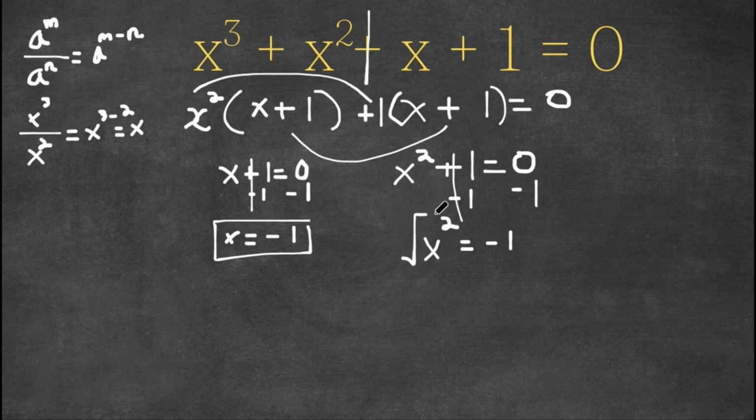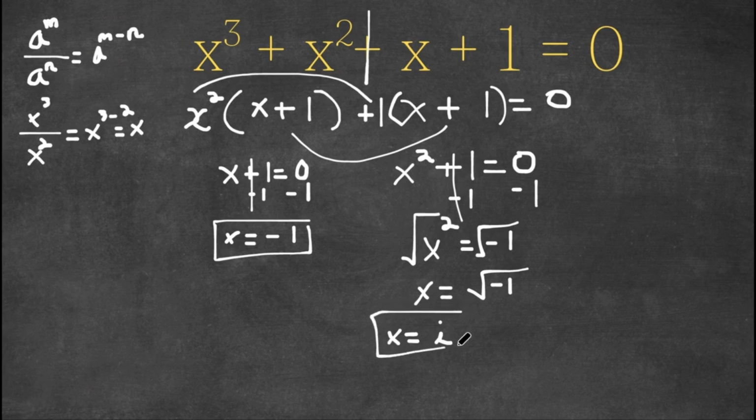Now, if we take the square root on both sides, we get x equals the square root of -1, and the square root of -1 is actually equal to i. So i is also a solution. So our two solutions are x equals -1 and x equals i.